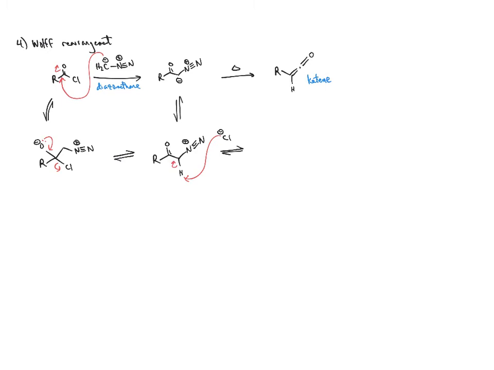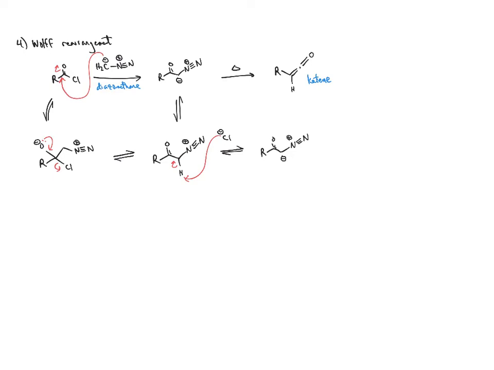It's a sort of zwitterionic species, positive and negative charge. At this stage, what we can also get, and I'll just redraw it over here because I need to give myself some space, is the rearrangement to happen.